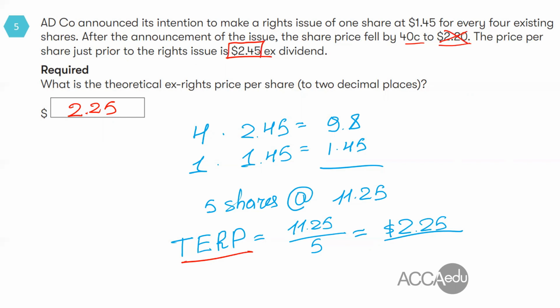So for every 4 shares, worth 2.45 each, it is going to be 9.8. We get 1 share in the rights issue at 1.45. So overall, when we add this, for $11.25, we're getting 5 shares. So the price per share is going to be 11.25 divided by 5, $2.25 per share after the rights issue.